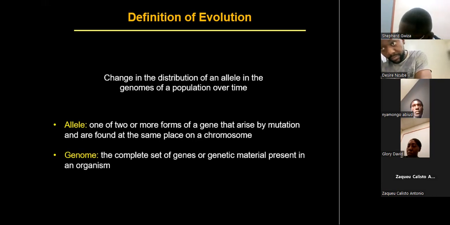Now, you could have a new gene, that's certainly possible. And that would be a change in the diversity or a change in the frequency of that particular allele. And generally one allele can change to a different one through the process of mutation. And there are lots of different ways mutations can occur.